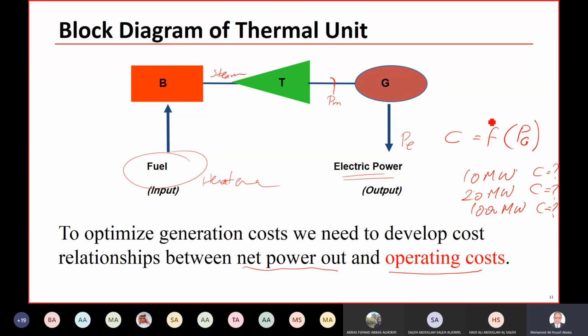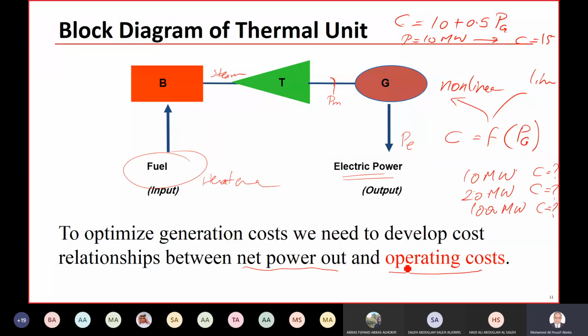This function could be linear, could be non-linear or quadratic. And we can say the cost equals 10 plus, for example, 0.5 P, for example P_G. So if this is the cost, if P equals 10 megawatt, this will give us a cost equal to 10, 5, 15, and so on.